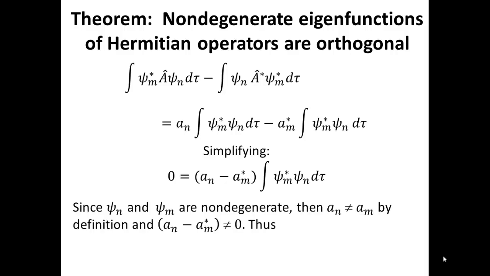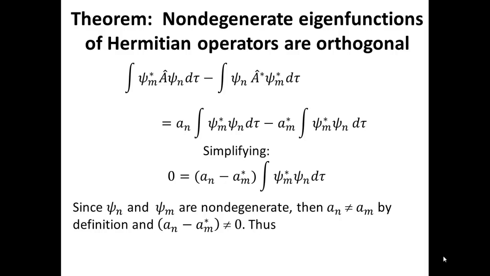If my actual wave functions psi n and psi m are not degenerate, meaning that they are not the same wave function with the same energies, then their eigenvalues are different. And so a n is not equal to a m by definition. That term in front of my integral can't be equal to 0 by the way I've defined things.